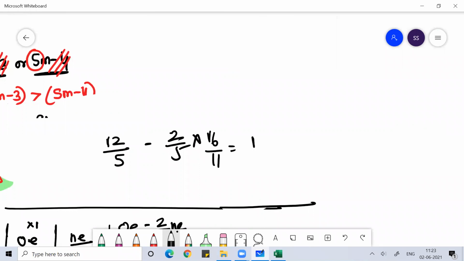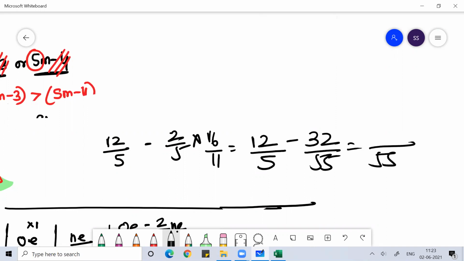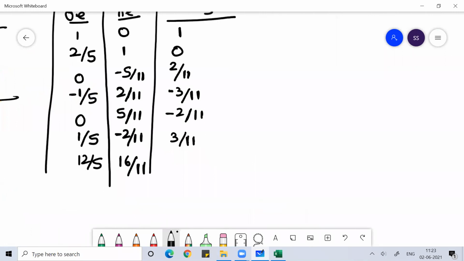So this is 12 by 5 minus 32 by 55. Taking LCM 55, 11 times 12 is 132, minus 32 is 100. So this is 20 by 11.